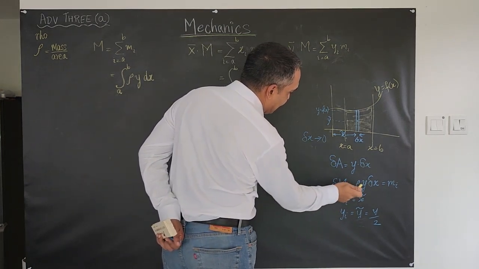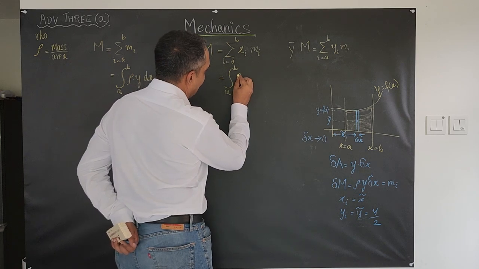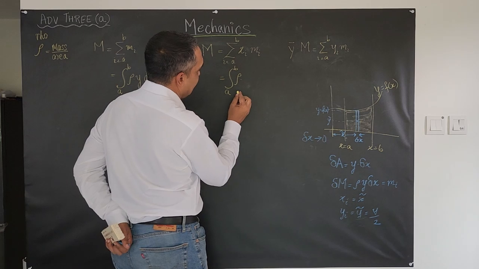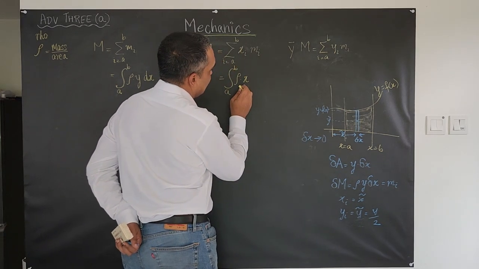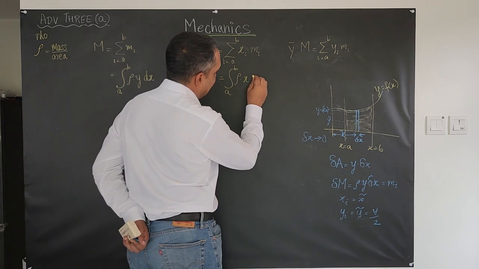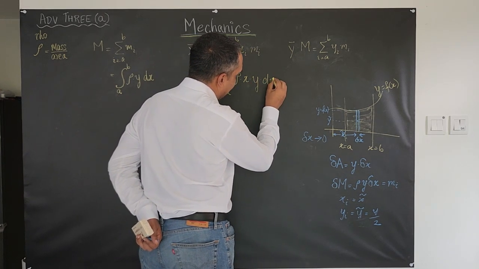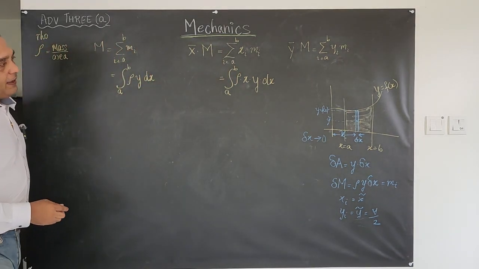So I have my x and the little mass, which would actually be just the product of the density times x, which is really x tilde, writing it as x, times y, which is nothing but f of x, times dx. Now I have an integration problem in x.